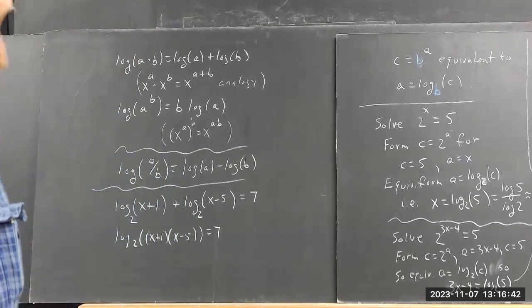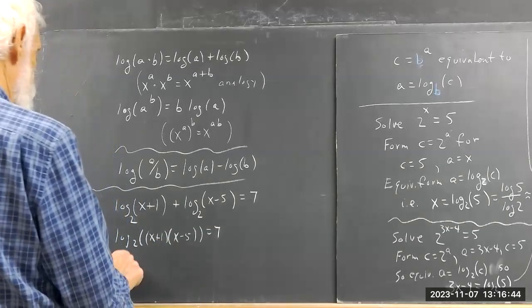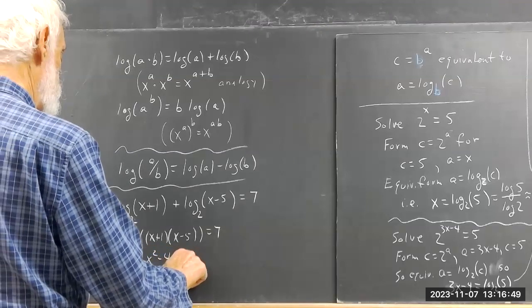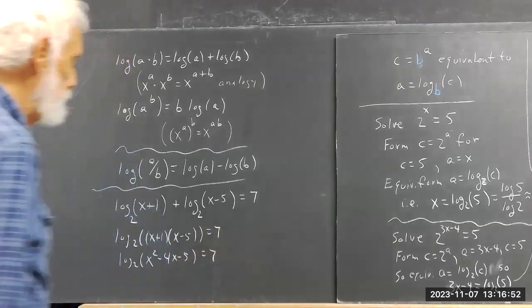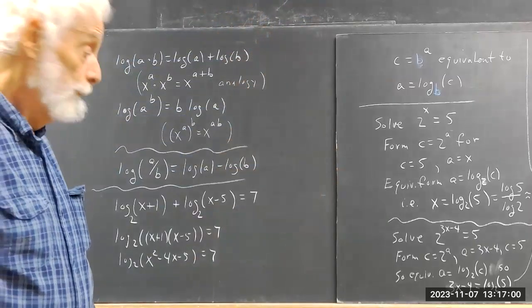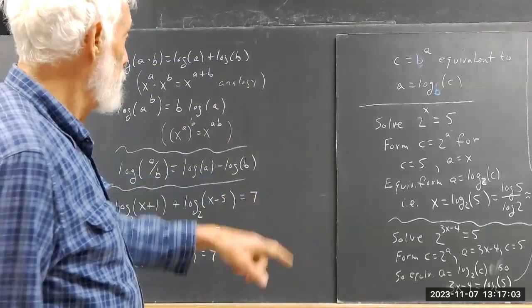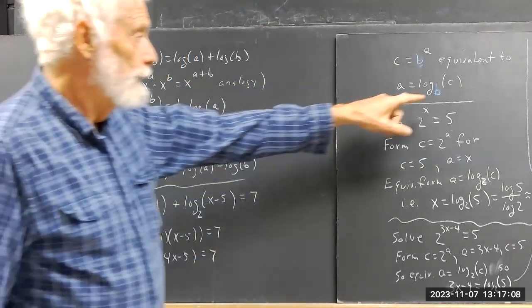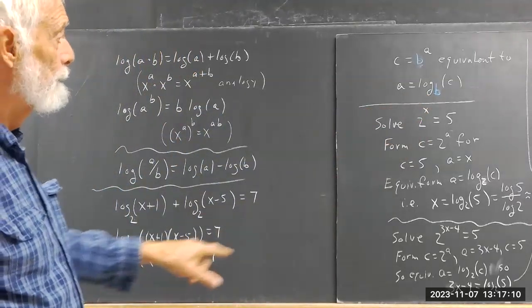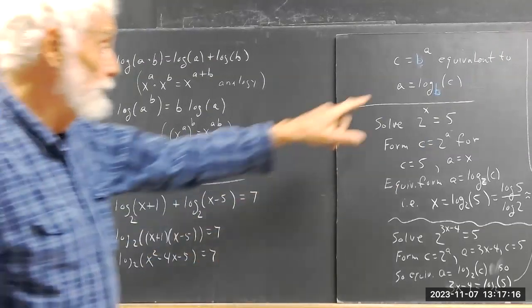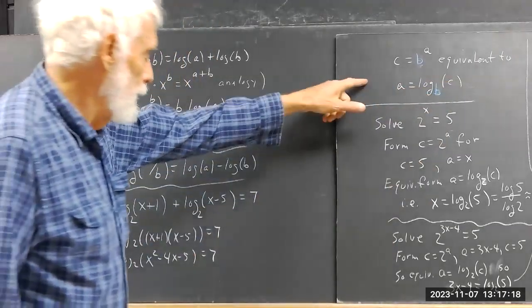And of course, we can expand this. If we convert this using the rules here, we can identify b as 2. C is x squared minus 4x minus 5, because that's what we're taking the log of.